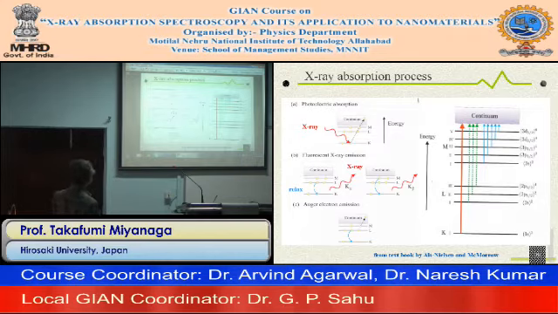The first one I already showed you: photoelectron absorption. For example, K-shell excitation: an electron located at the K-shell is excited by the X-rays to the continuum state. This is K-shell photoelectric absorption.